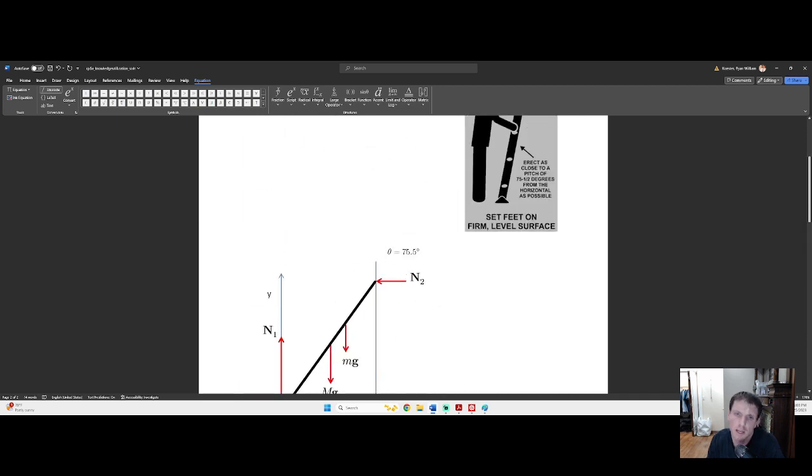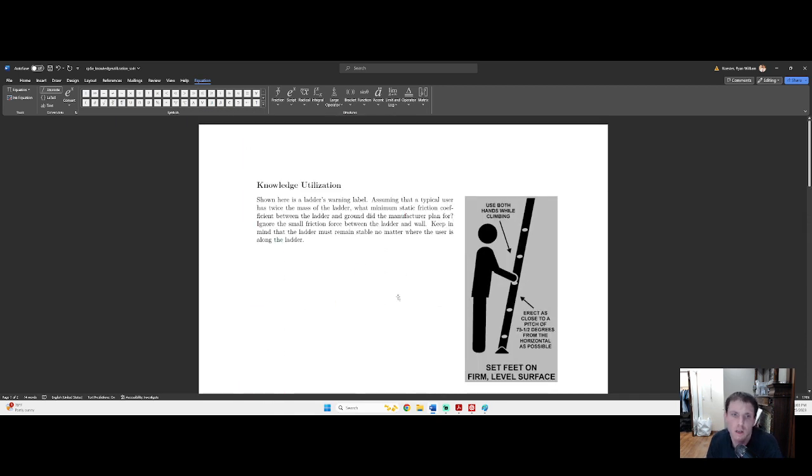But let me just come back to the problem statement real quick and make sure that what I'm saying here makes sense. So we set the torque exerted on the ladder by the person to be the maximum value it could be, right? And that corresponds to when the person is the farthest from the axis of rotation. Okay. And it asks, what minimum static friction coefficient between the ladder and ground did the manufacturer plan for?